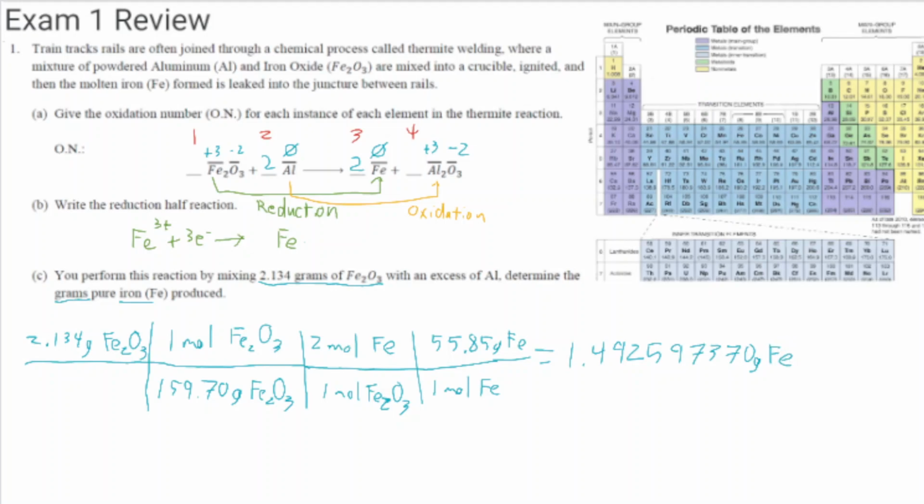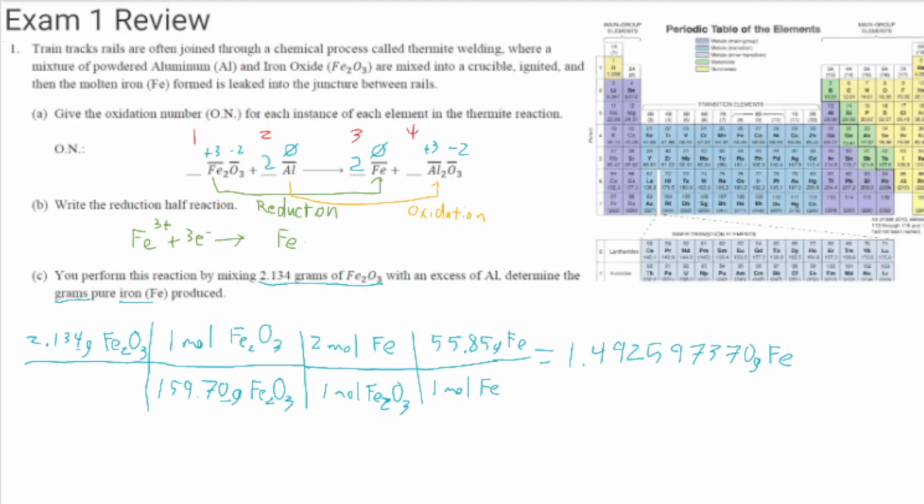If we want to go back and check our significant figures, we have 1, 2, 3, 4. And on the next number, we have 1, 2, 3, 4, 5. This is an exact equality, so that's not going to limit our significant figures.